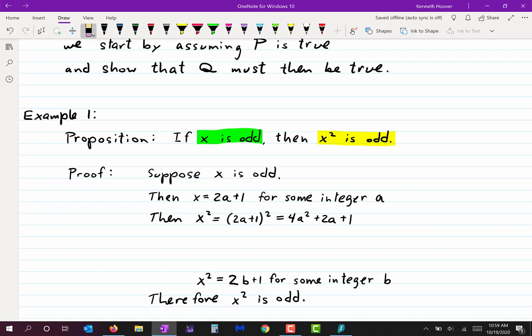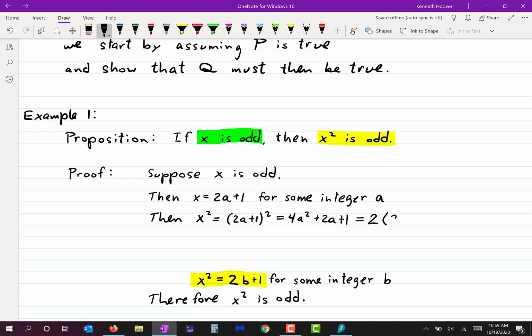Now, what am I trying to get to? I'm trying to get to x squared equaling 2 times something plus 1, with the something being an integer. And I've gotten this far, x squared equals that. So I have to just somehow rearrange things, hopefully, if I'm successful, so that it says 2 times something plus 1. Well, can't I factor out a 2 from the first two terms and say which equals 2 times, what do you think?